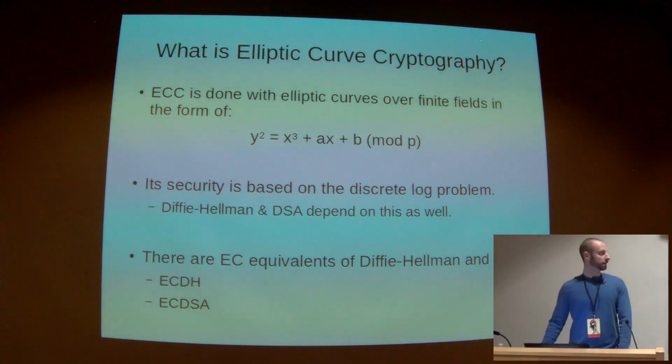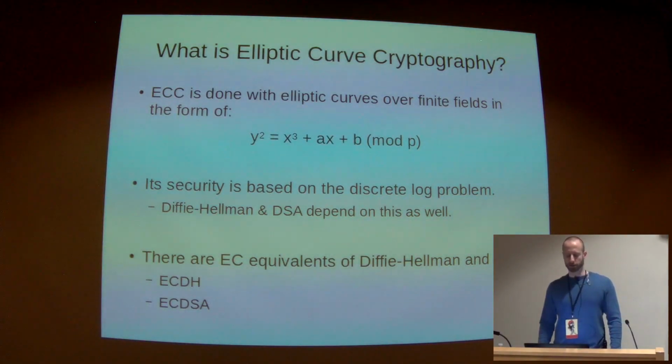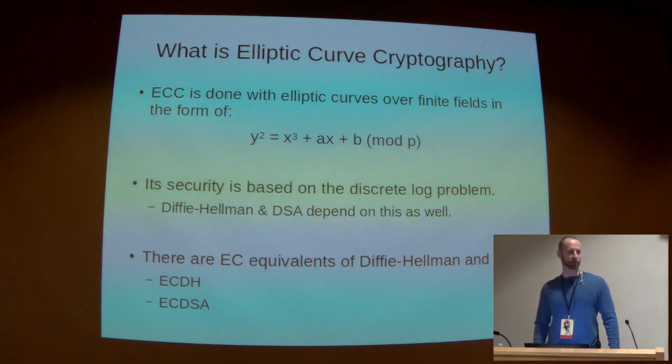Really, it's based on the discrete log problem, which is a very well-tested cryptographic primitive. It just happens to be over elliptic curves. It's a similar primitive that Diffie-Hellman and DSA depend on, and there are EC equivalents of those two, named ECDH and ECDSA.